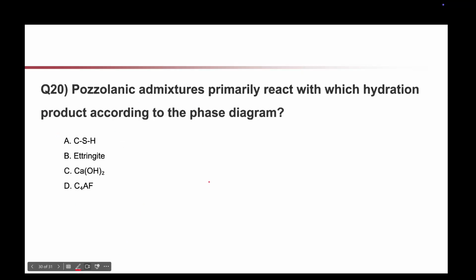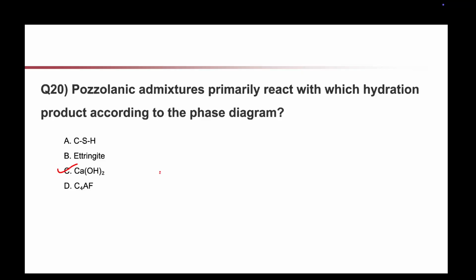So the last question is, pozzolanic admixtures primarily react with which hydration product according to the phase diagram? CSH, ettringite, calcium hydroxide, C4AF. C. CSH. No, CSH is the byproduct and the reaction is with the calcium hydroxide.